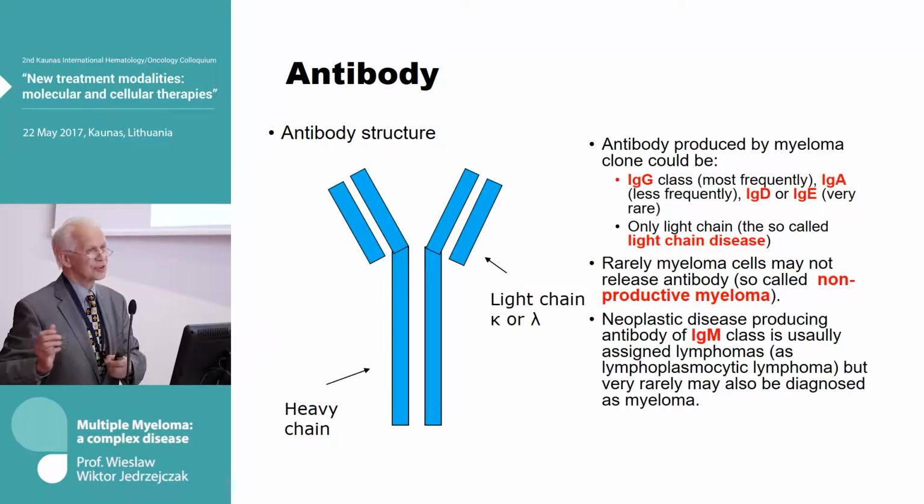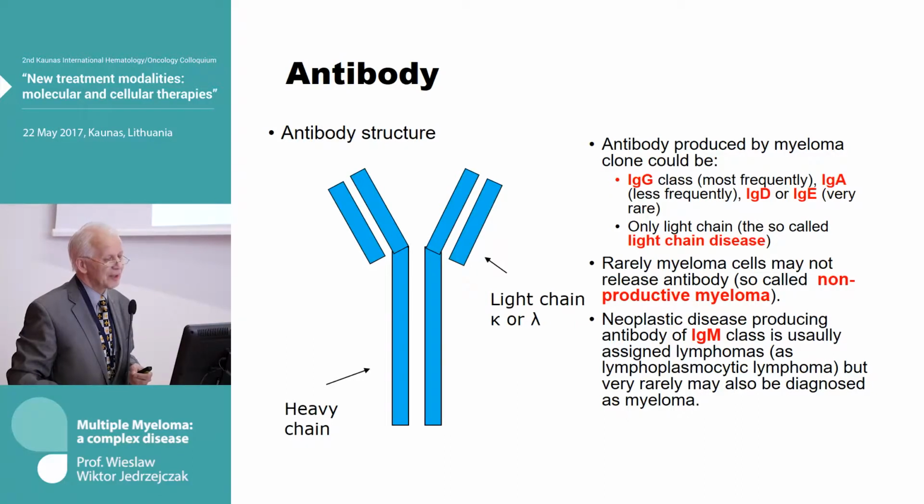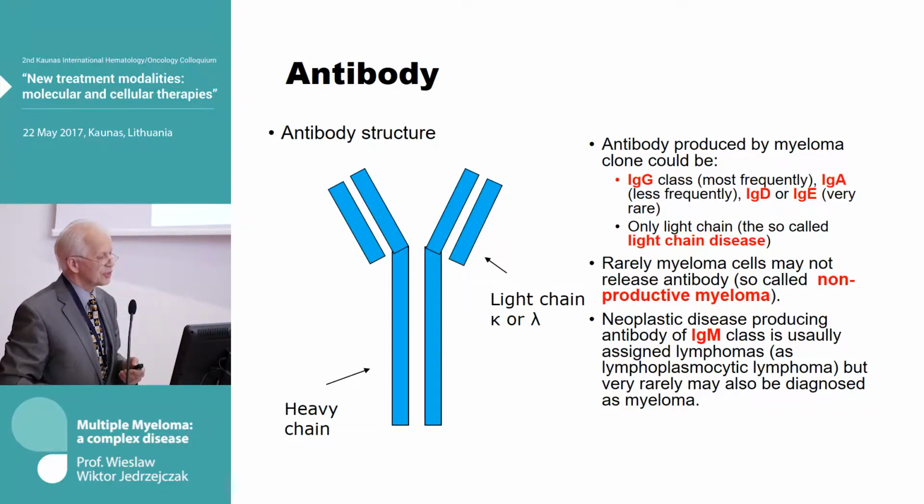This has to be differentiated from Waldenström macroglobulinemia, but there is also such a thing as IgM multiple myeloma. Very rarely this malignant plasmacytes may not release protein, and this is called non-productive myeloma. And as I have mentioned, sometimes there are only light chains produced, either kappa or lambda types, and not the full antibody.